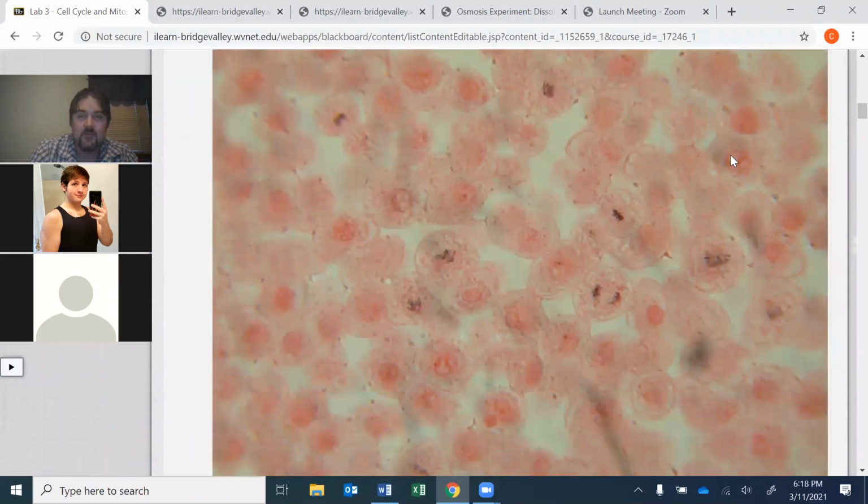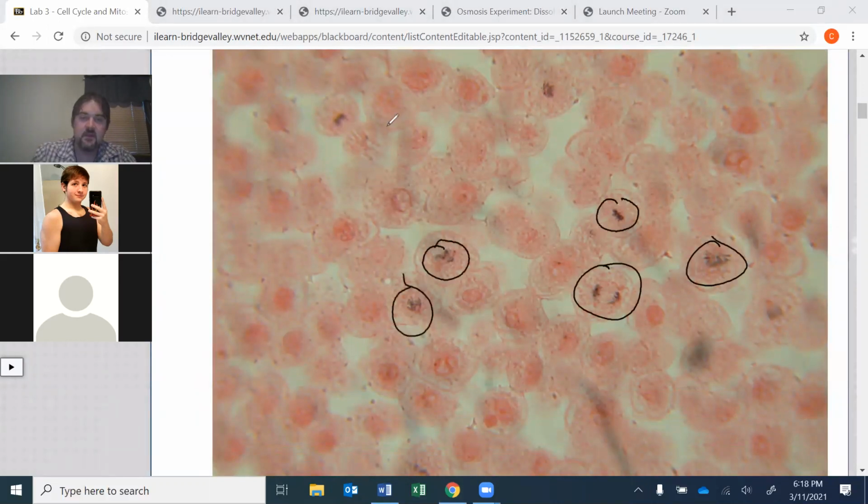So this is a baby fish slide, a fish blastodisc, a whitefish blastula. But it's a ball of cells, and if you notice there, most of the cells are just cells. You don't see any obvious things going on. But then every once in a while, you'll see cells that are in some of the stages of mitosis.